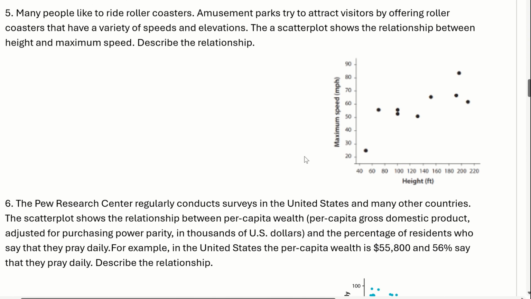All right, number 5, it appears to be a positive relationship. It appears to be somewhat strong, so I could consider that moderate to strong. If you said moderate, if you said strong, that's fine either way. So I would say probably more on moderate. There doesn't appear to be any outliers, and it's going positive, it's going up, right? So the direction is positive association.